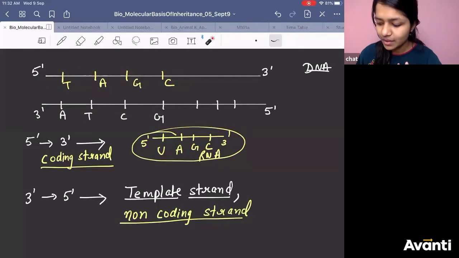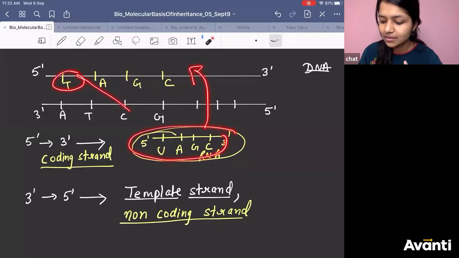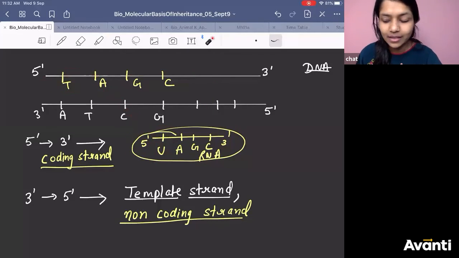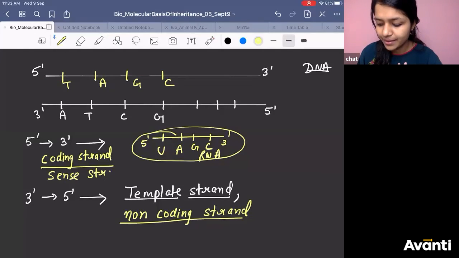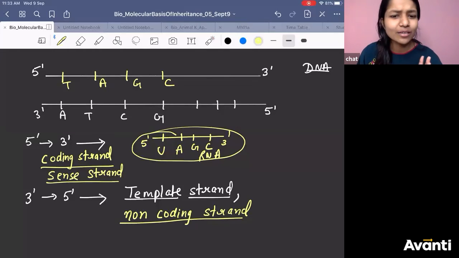Think. Is this matching with this one? Except at this position. Right? So 5 prime to 3 prime is also called the sense strand, because that makes sense. That is something which you are going to get in RNA, right? Except at thymine you will have uracil.